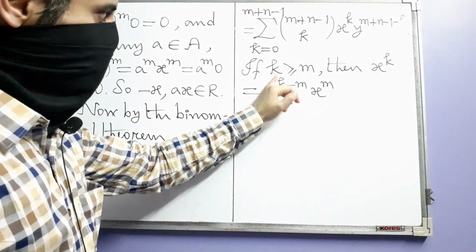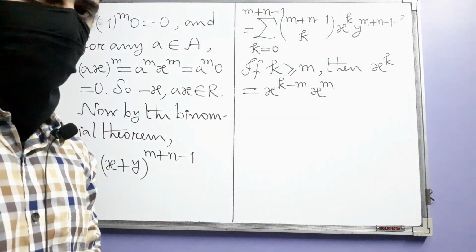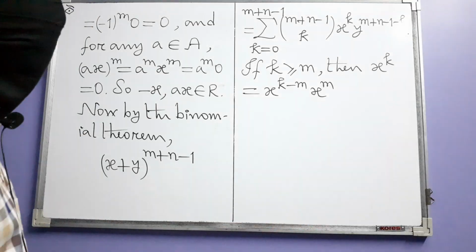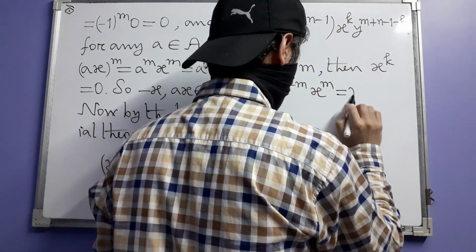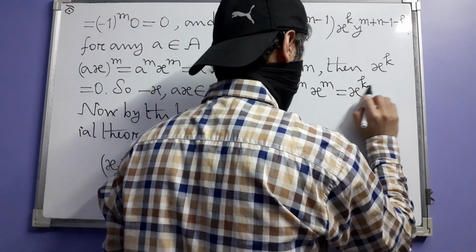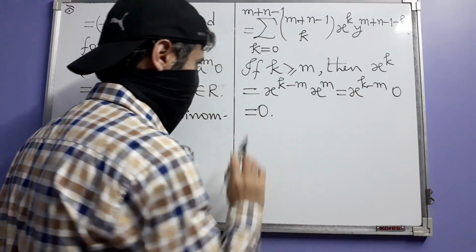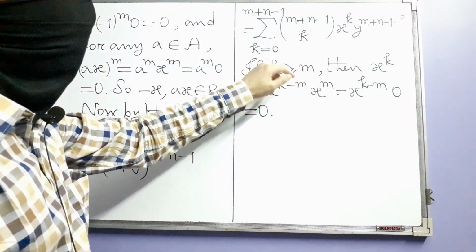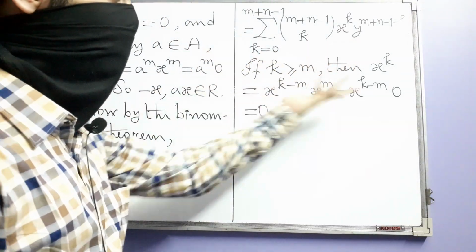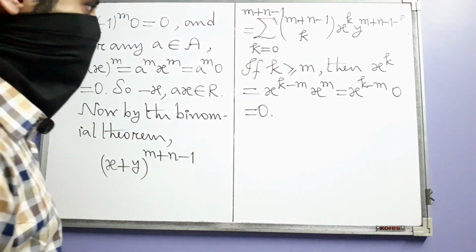That is why, and in this case we can do that because k minus m is non-negative and m already is positive. Okay, so it works here. So we see that those terms in this sum where k is at least m, they vanish actually. They are equal to 0, each one of them.